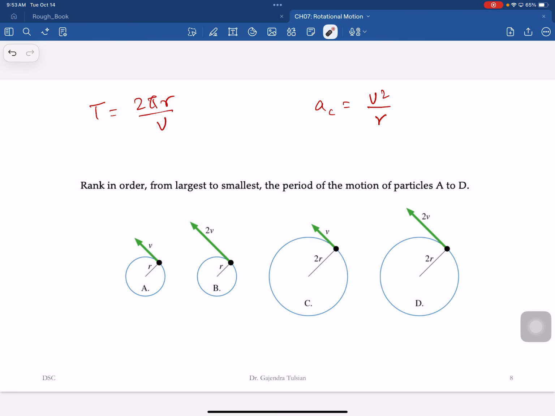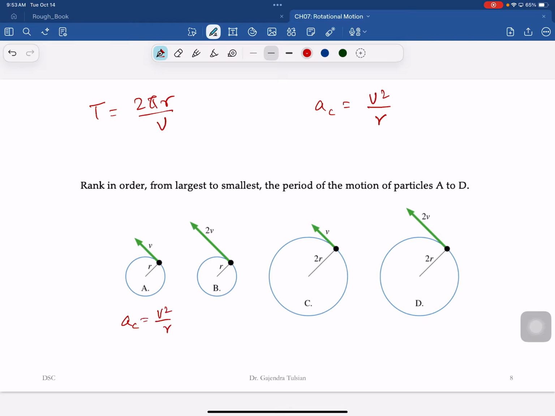So what we want to do is rank in order from the largest to smallest period of the motion. Which takes the longest of these? You're going in a circle, and we'll also find the greatest centripetal acceleration. Let's find the centripetal acceleration for this one: v squared by r.